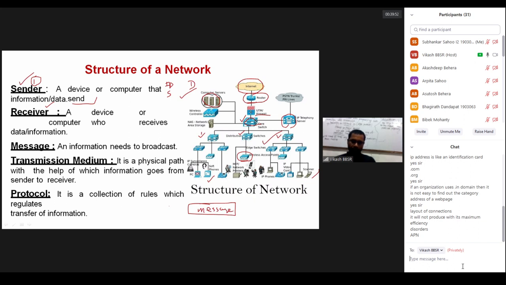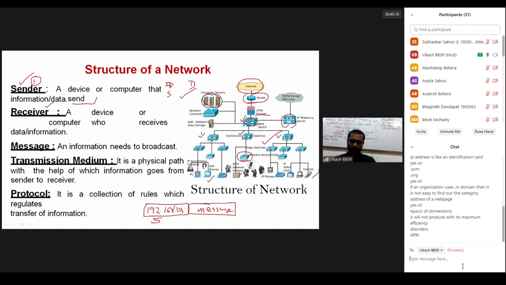Suppose you are the sender, and when you are sending, you are attaching your IP address, 192.168.225.1. So this is attached to the message from the sender. This is called the source.